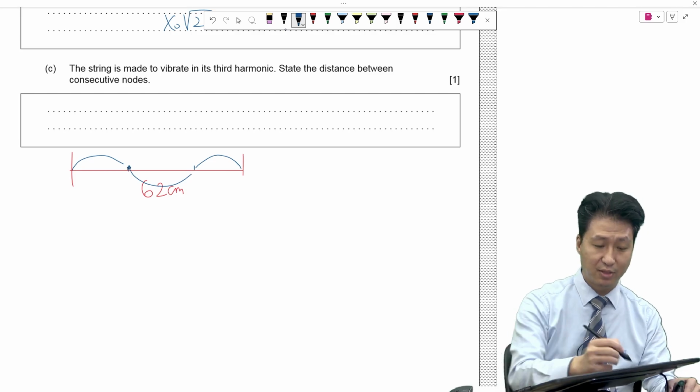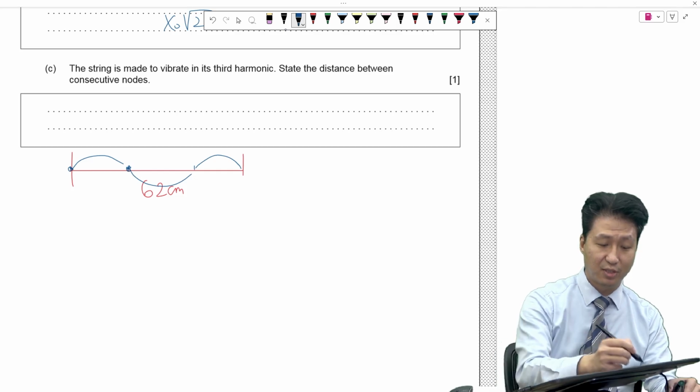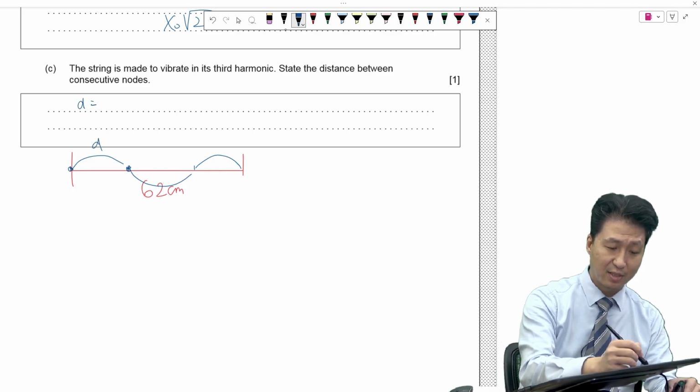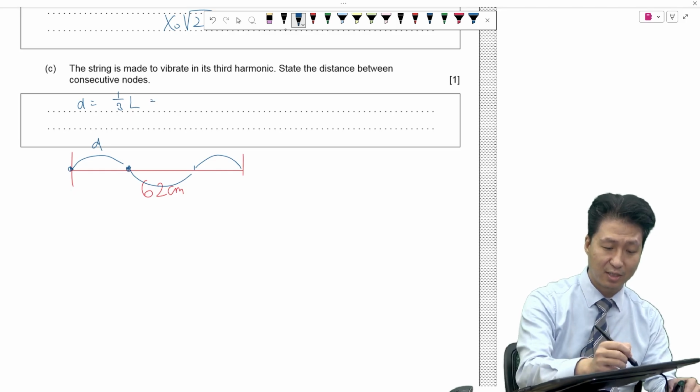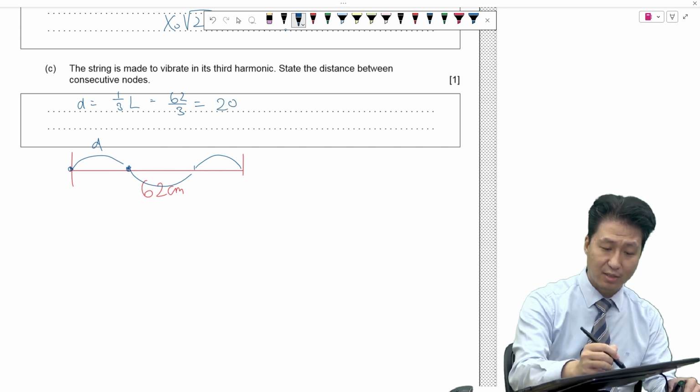So it's divided into thirds. This is the distance between two consecutive nodes, D. D is exactly 1/3 of the length of the string, which is 62 divided by 3. So approximately 20 centimeters.